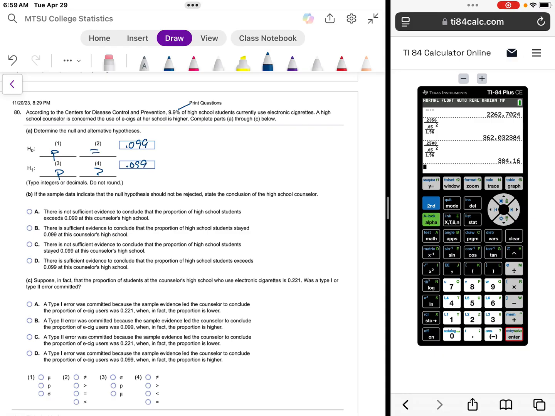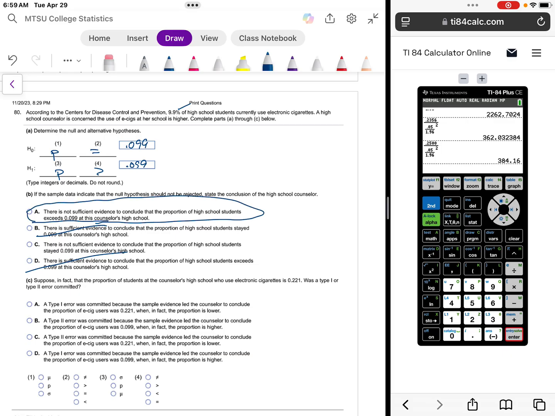If the sample data indicate the null hypothesis should not be rejected, that means we do not have convincing evidence to support the claim that it is higher. So there is not sufficient evidence to conclude the proportion of students exceeds. So this would be A.